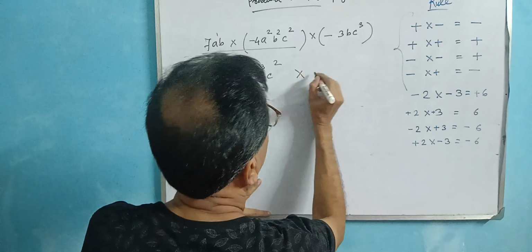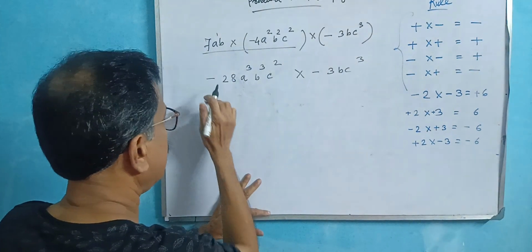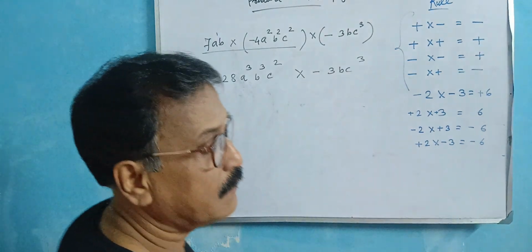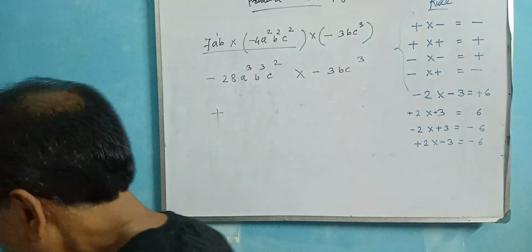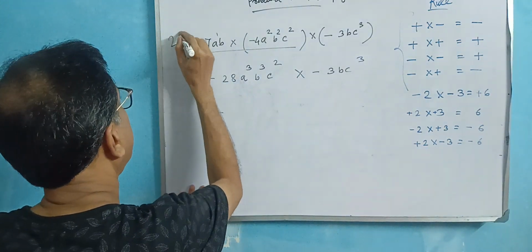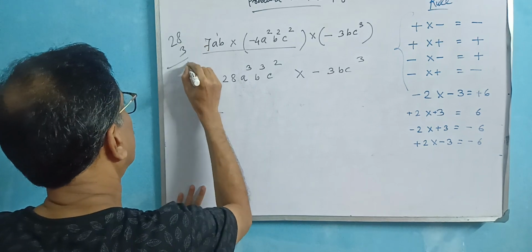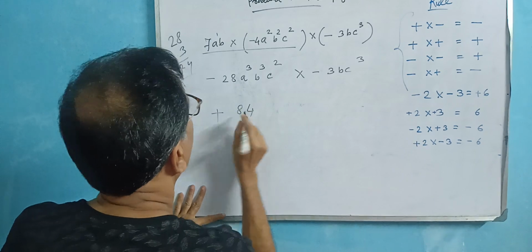Now you multiply with minus 3bc. Here minus minus is plus. This one you multiply, 28 into 3, 84, just write 84. Why is this plus?